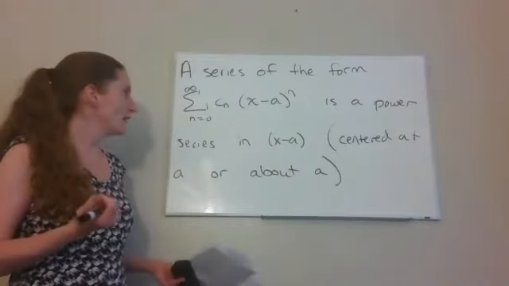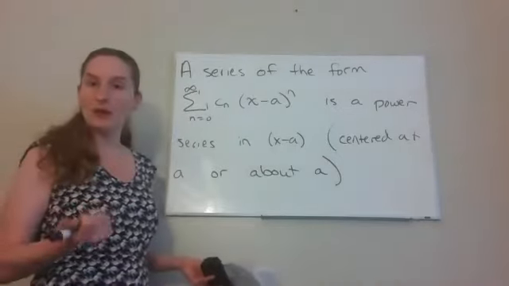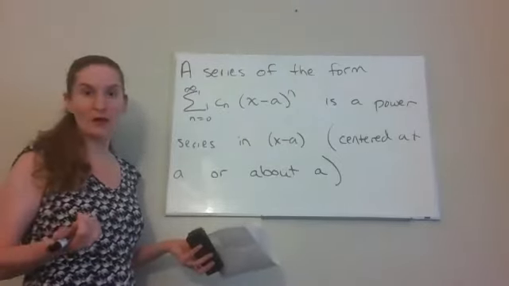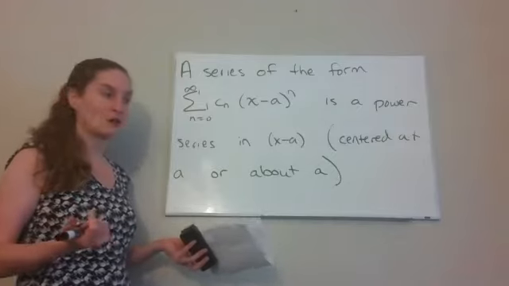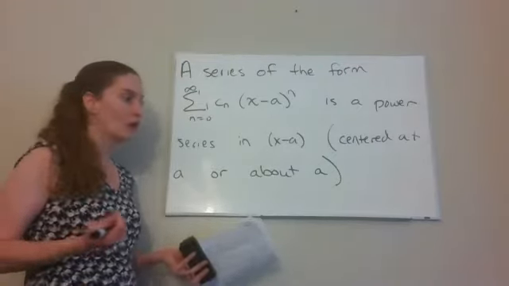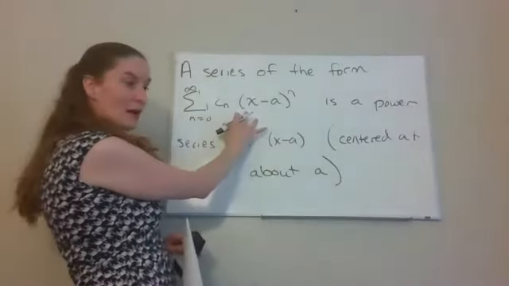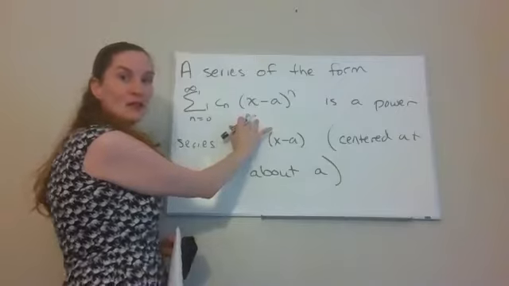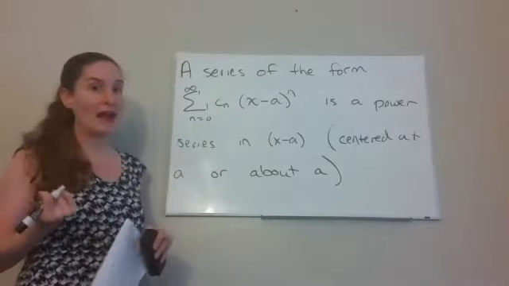So one thing that we should note is that all of our power series are going to converge for at least one value of x, and that's the value which makes the whole power series equal to a sum of zeros. So when it's in this form with an x minus a to the n, this power series is definitely going to converge when x equals a.